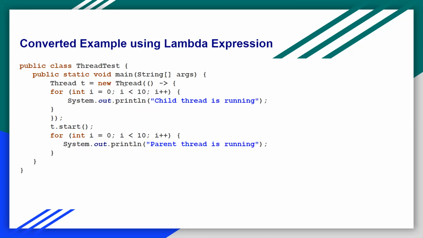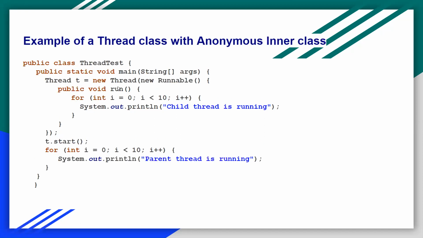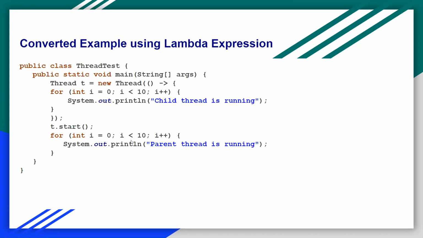We just do directly the main method, and here this thread object is being created, and outside of that you are doing the parent thread is running, but here inside that only, like this thread t new thread, no runnable is there, and here only lambda expression, and here the child thread is running, and after that thread dot start, and then parent thread is running.